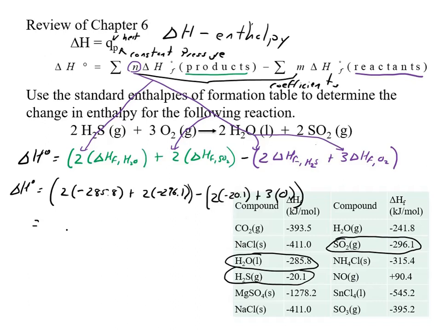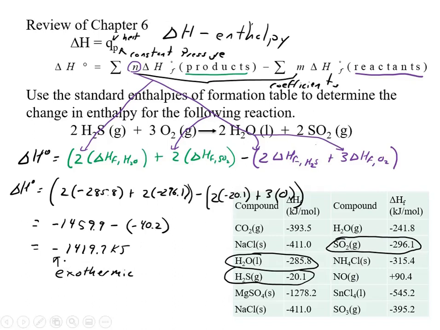Okay, and so the first set of parentheses is a negative 1459.9, minus 2 times the negative 20.1, which is a negative 40.2. And so when I add those two together, I get a negative 1419.7 kilojoules is the unit. It's exothermic, and it's exothermic because of the negative sign there. Okay, and that will be the end of this video.